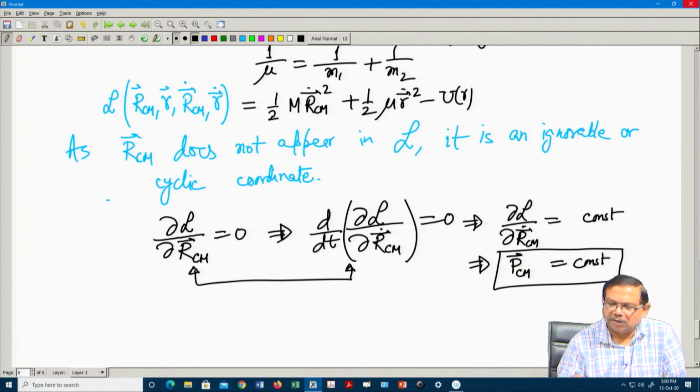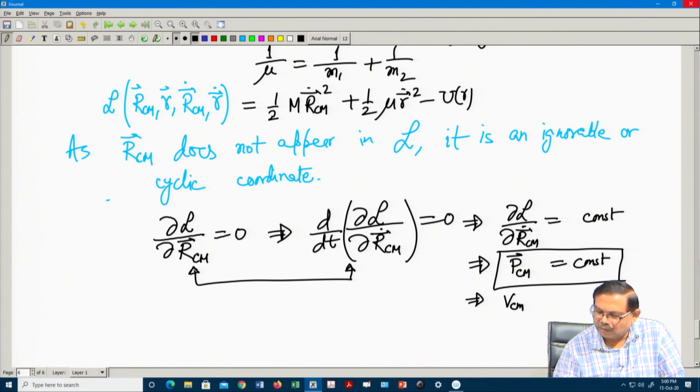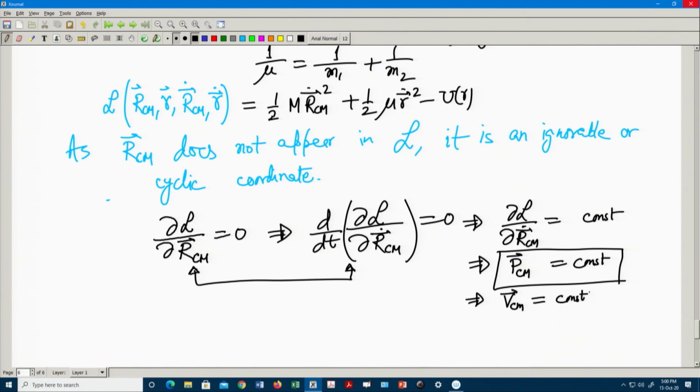If you take the derivative of the Lagrangian with respect to the velocity, then you get the corresponding momentum. So, if a coordinate is cyclic, the corresponding momentum is constant, and this will mean the velocity of the center of mass is also a constant, because momentum is mass times v and mass is capital M into VCM. So, by jumping to the center of mass frame, we have simplified the problem.